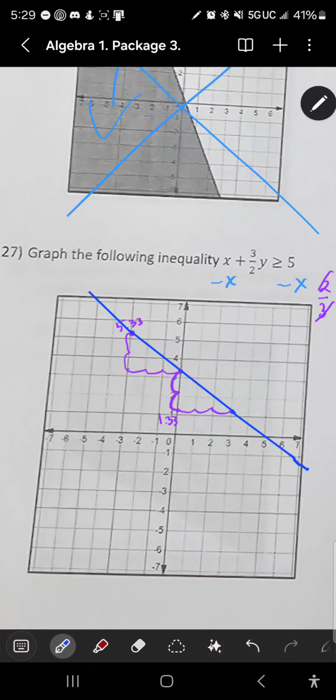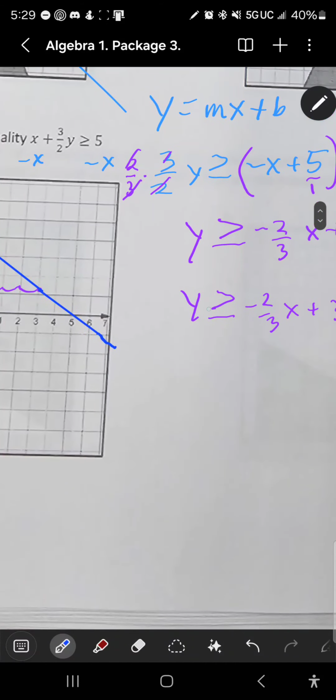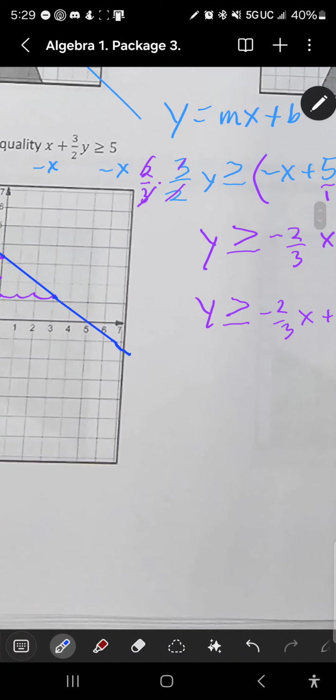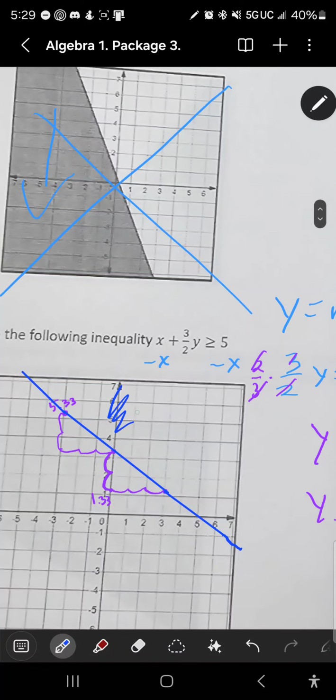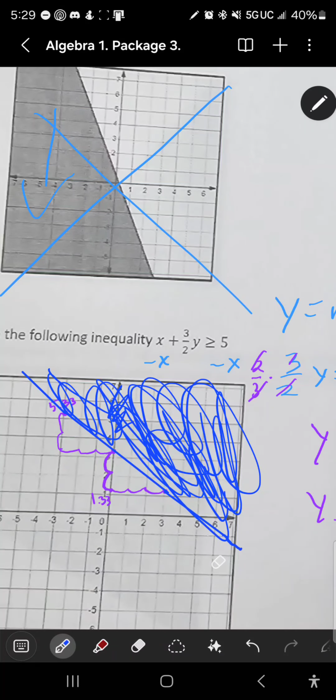But yeah, we have our line. It is continuous because we have an equal sign. But now we're looking for the numbers that are greater than y, so over the line. So this is the part we should shade. And yep, this is our graph.